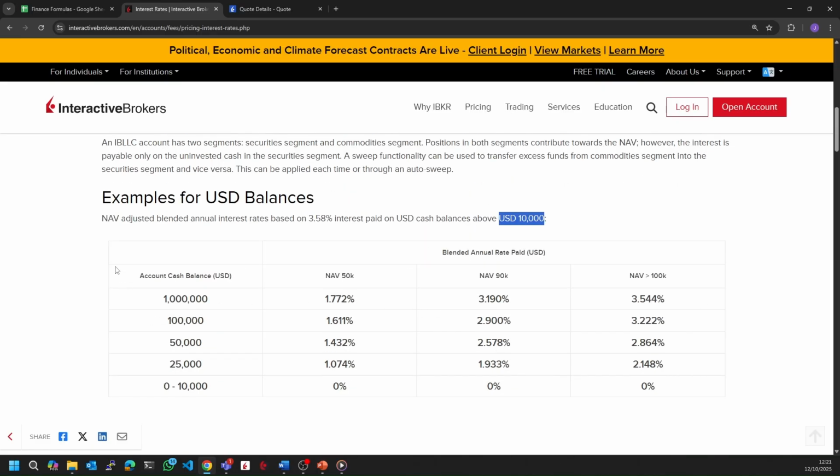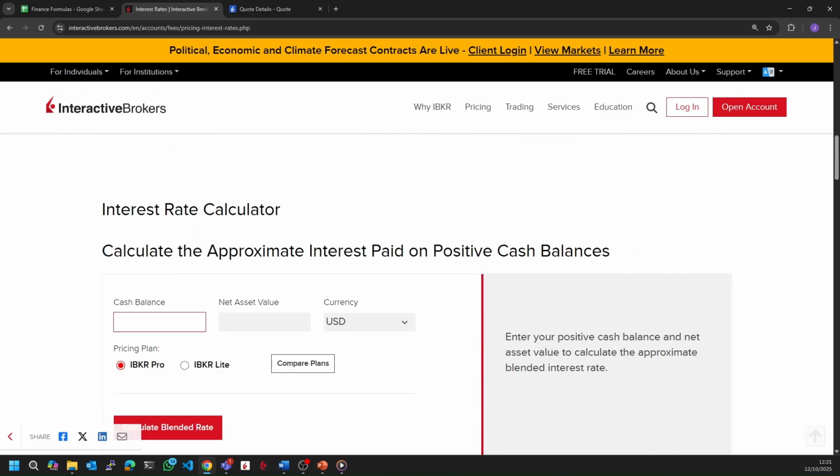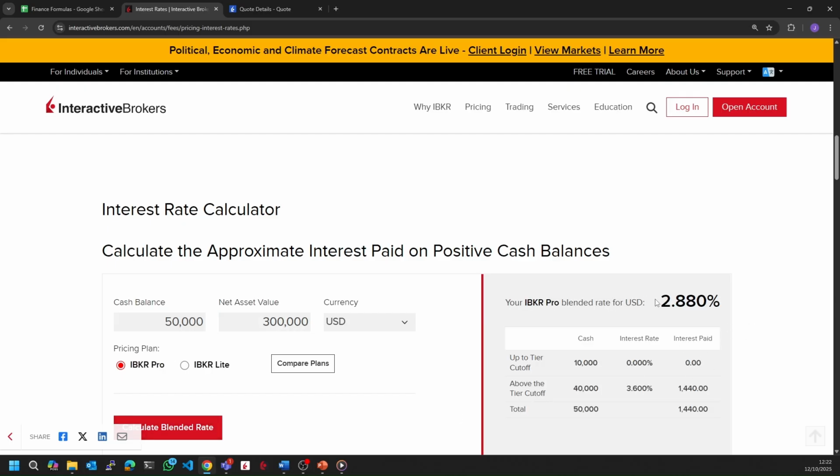And here is the structure, easy to understand and with an easy calculator. For example, you can enter your idle cash balance and your total net worth of your account, and your plan. And the calculator will give you the blended interest rate.